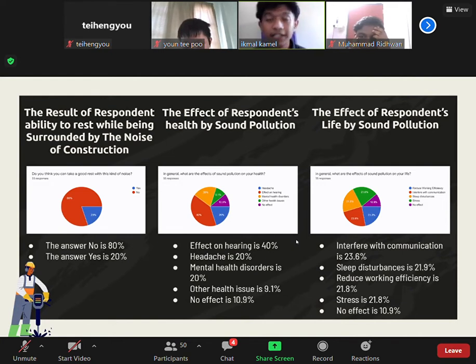So from the pie chart, we can see that there is only a small amount of respondents that answered no effect, which means that they believe this sound pollution has effects on our life, such as reduce working efficiency, interfere with communication, sleep disturbance, and also stress in our life by hearing the noise pollution.